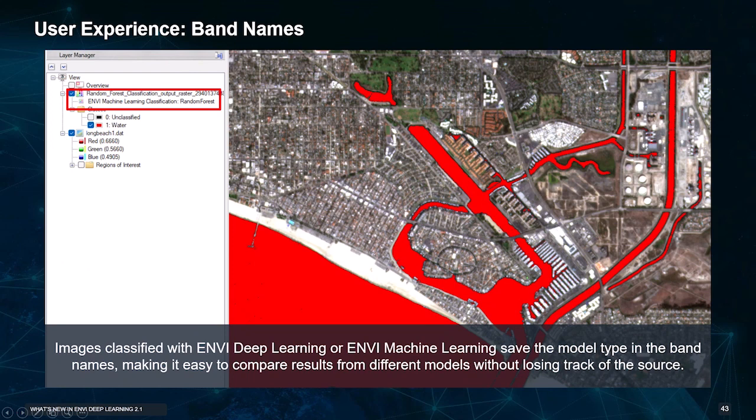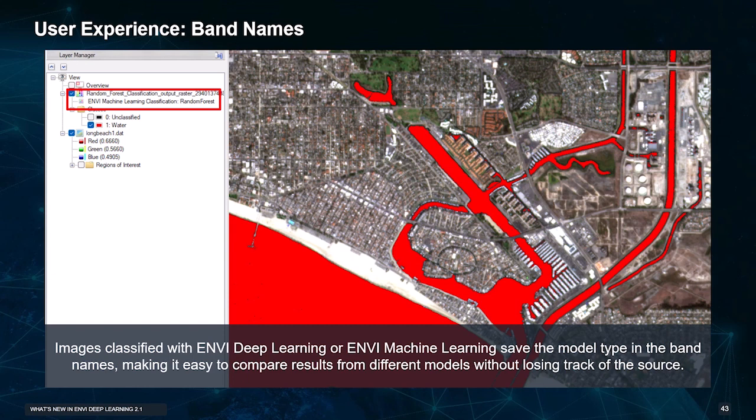One other little change that we have here is the band names. With the addition of a new type of pixel segmentation model and considering how many machine learning models we had, we decided to make sure that each image you process has a unique band name that tells you the model that it came from.